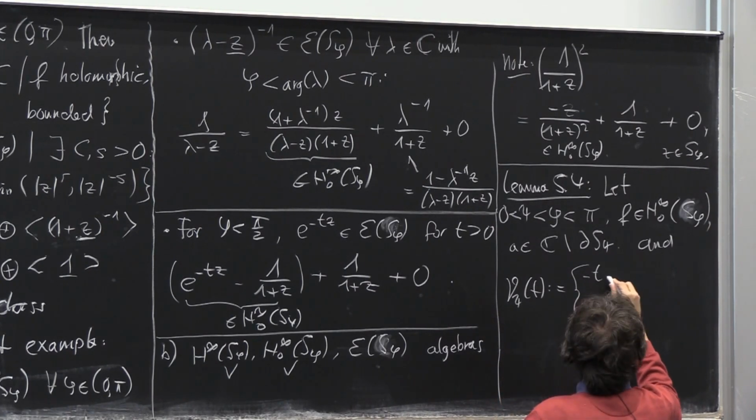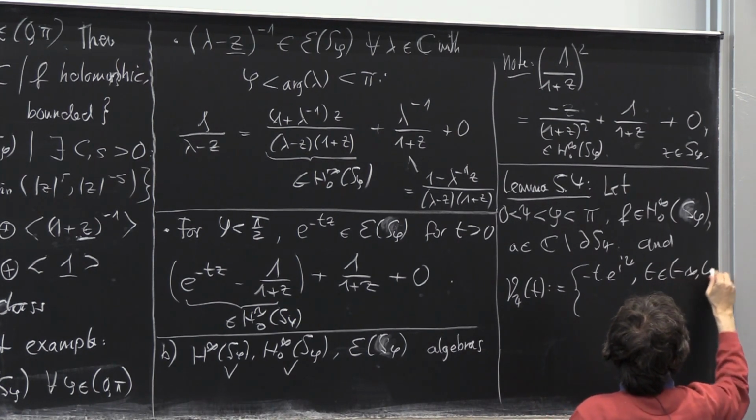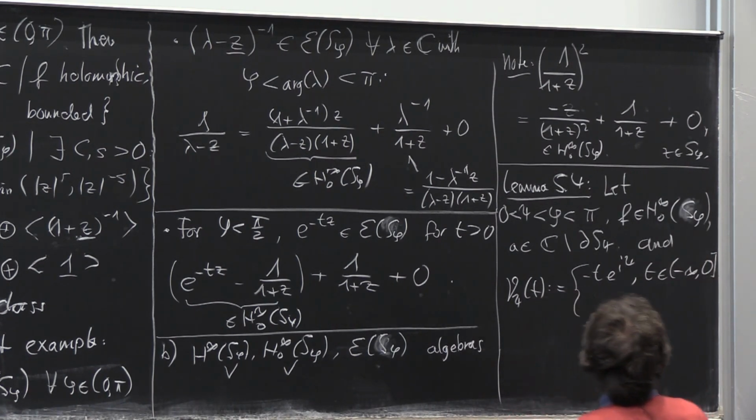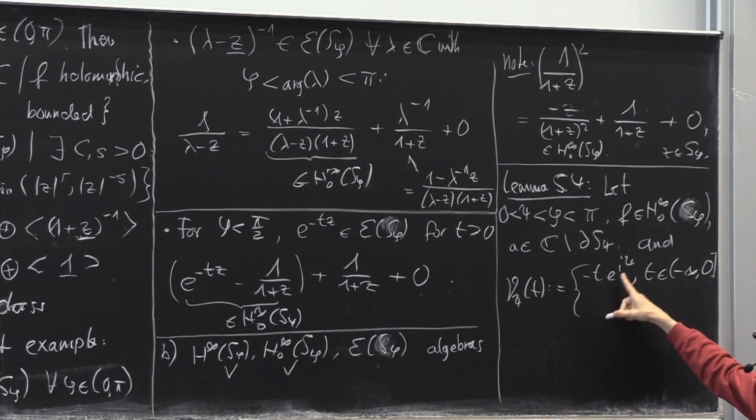It's minus t e to the i psi for t going from minus infinity to 0. So what this means is, if you go from minus infinity to 0, this starts at infinity with angle psi and goes down to 0.